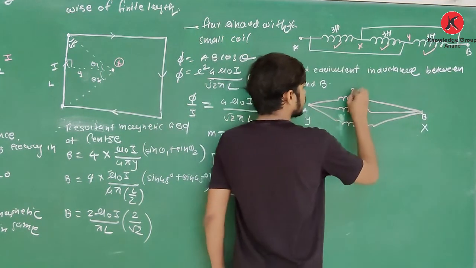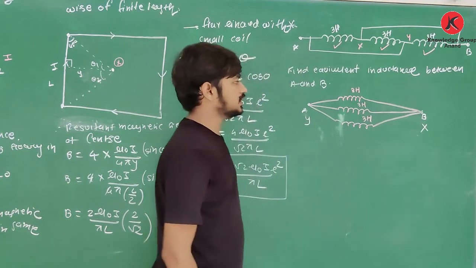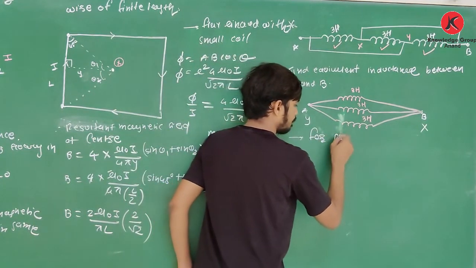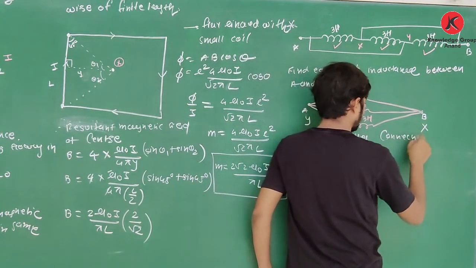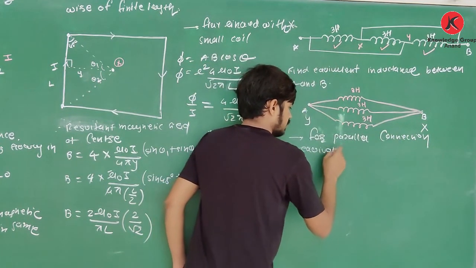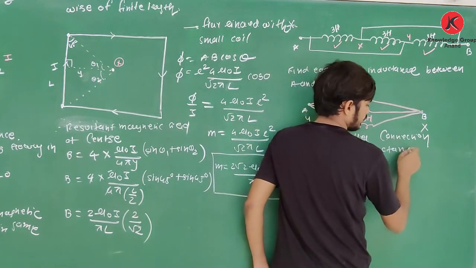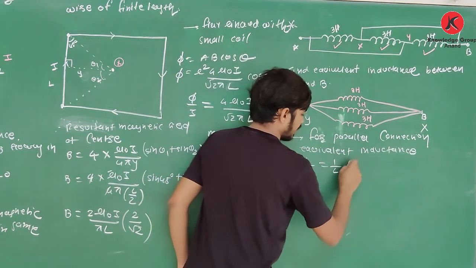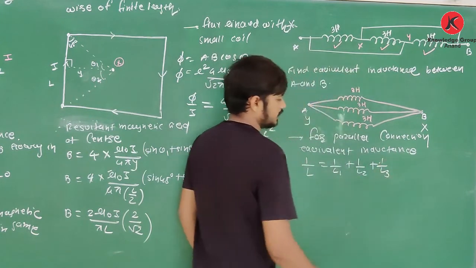So these three inductors are in parallel connection. And for parallel connection, the equivalent inductance is 1 upon L is equal to 1 upon L1 plus 1 upon L2 plus 1 upon L3.